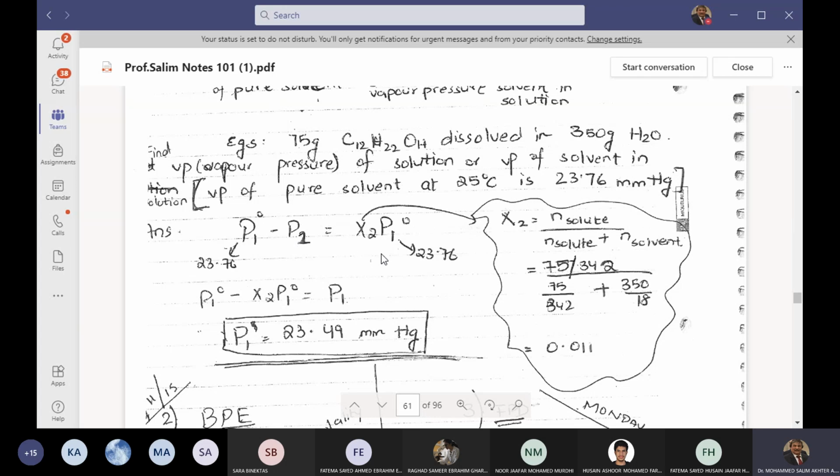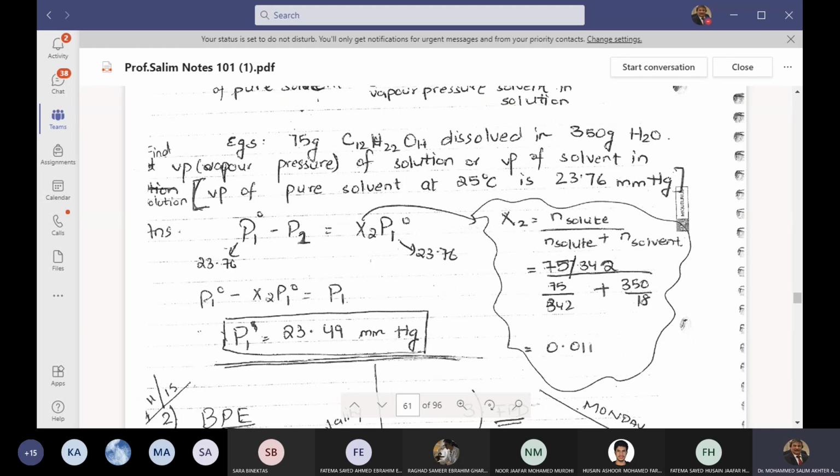X2 is mole fraction of solute. 1 stands for solvent, 2 stands for solute. And my friend, another important thing: P1 zero minus P1, we call it VPL.